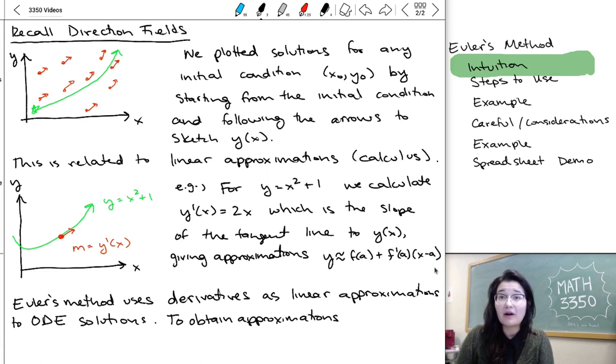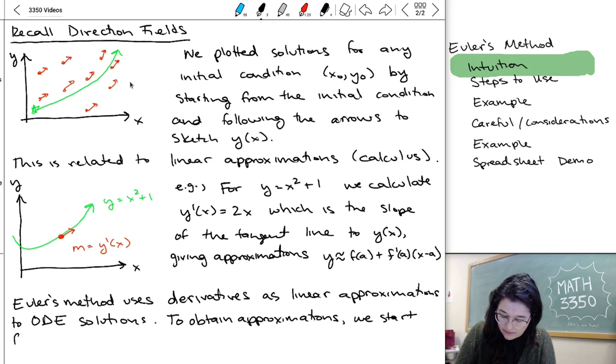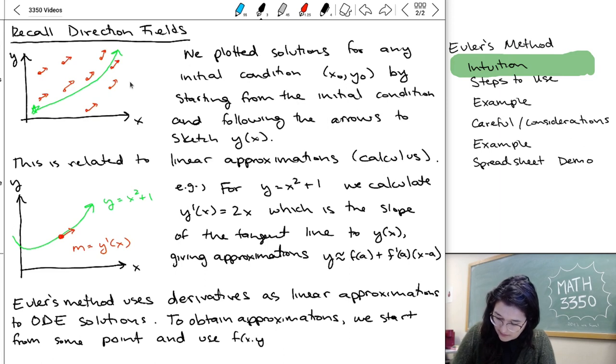And to get those approximations, we're going to do something really similar to what we did in that direction field. We're going to start from some point, like that star I drew on the direction field. We're going to use f of x, y, that slope.